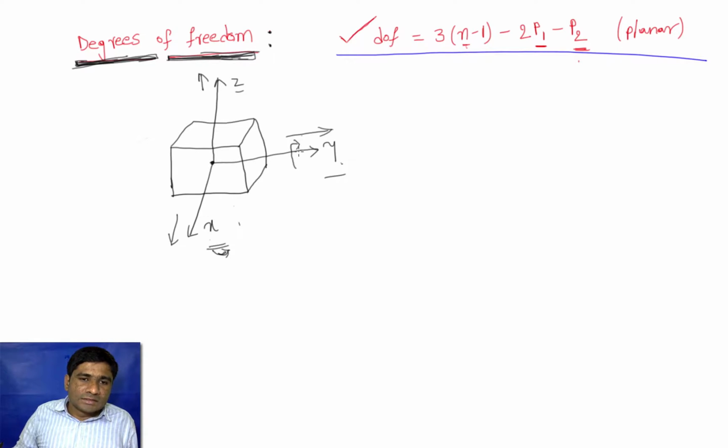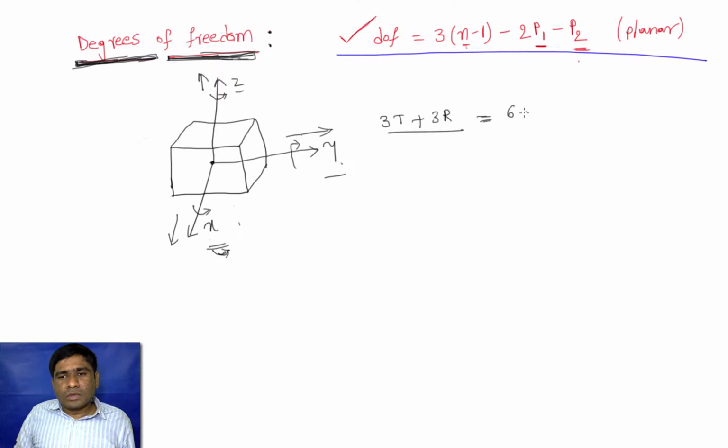The same body can rotate about the y-axis, and about the x-axis and also about the z-axis. So can we say that the body has 3 translations plus 3 rotations? That means altogether it has 6 movements. So can we say that this body has 6 degrees of freedom?